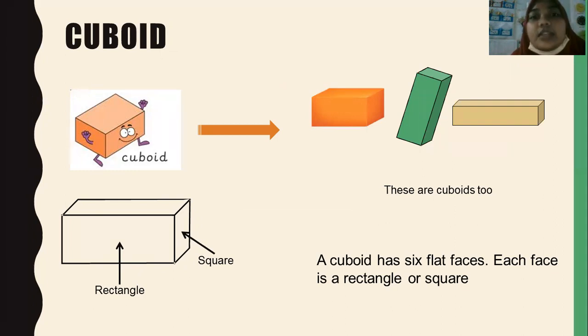So the faces of a cuboid consist of rectangles and squares. And the total number of faces of a cuboid is also 6.